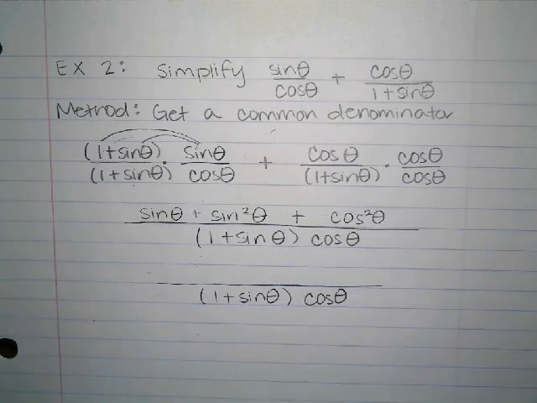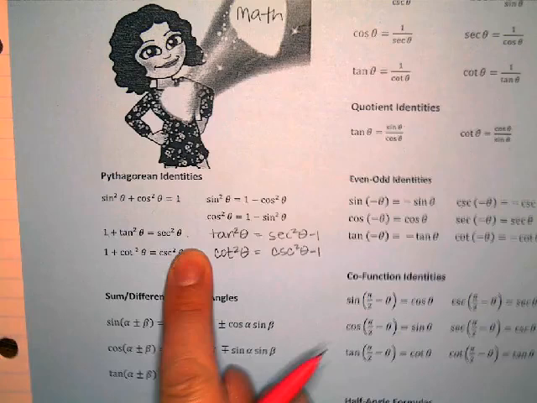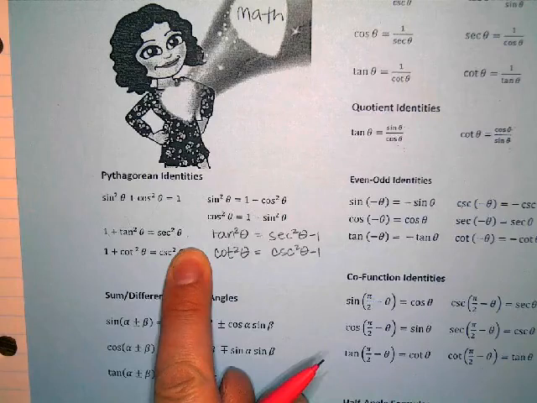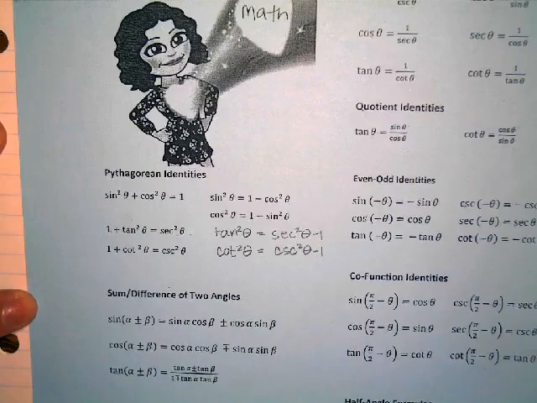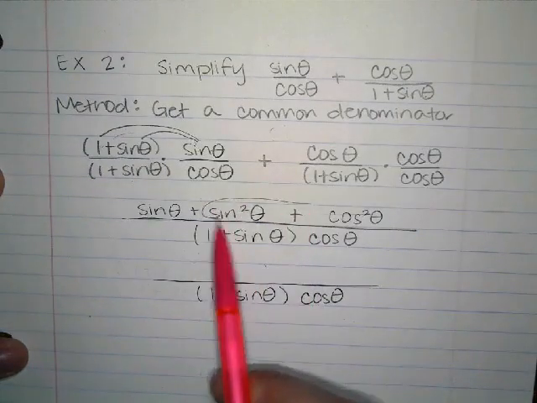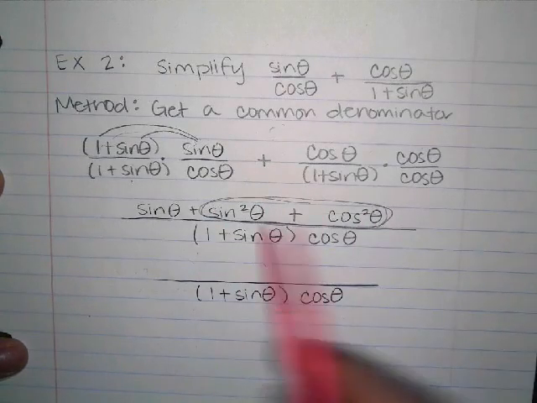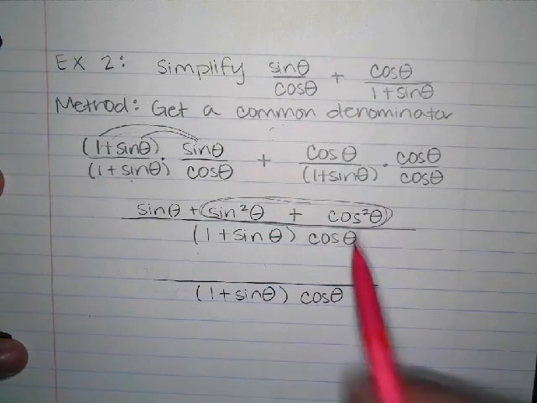I'm going to give you a hint. It's something in the Pythagorean identity: sine squared plus cos squared equals 1. So right here, sine squared plus cos squared all goes away, because it's just 1. So we have sine theta plus 1.